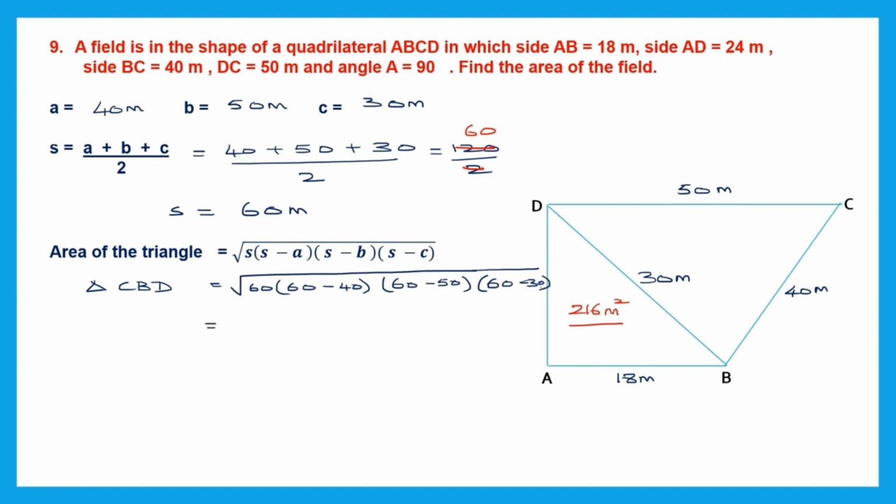Now let's find this. 60 into 60 minus 40 is 20, into 60 minus 50 is 10, into 60 minus 30 is 30.